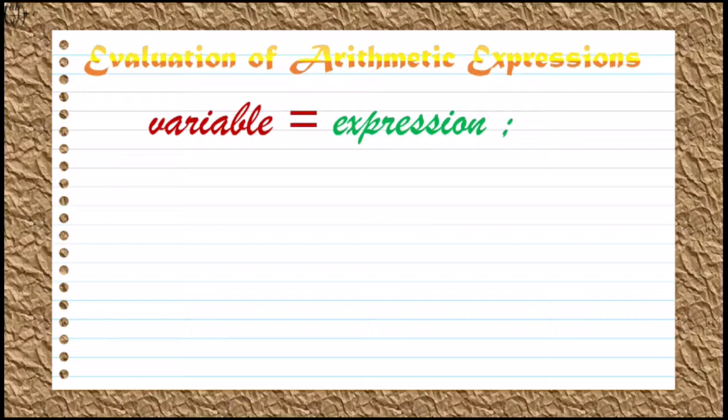When the statement is encountered, the expression is evaluated first and the result then replaces the previous value of the variable on the left hand side. All variables used in the expression must be assigned values before evaluation is attempted.